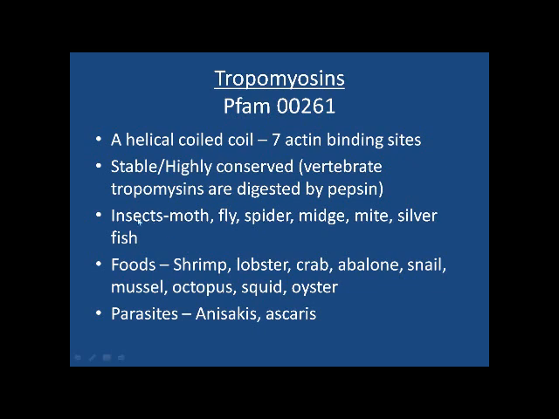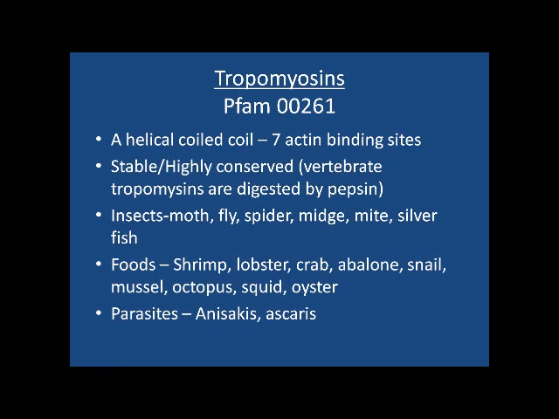And invertebrate ones include the insect, moth, fly, spider, midge, mite, silverfish. I mean, you can name them all. And the foods, of course, are shrimp, lobster, crab, abalone, snail, mussel, octopus, squid, and oyster. Even in parasites of fish, the Anisakis and of course, Ascaris.